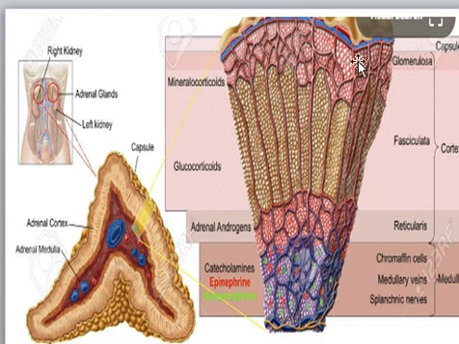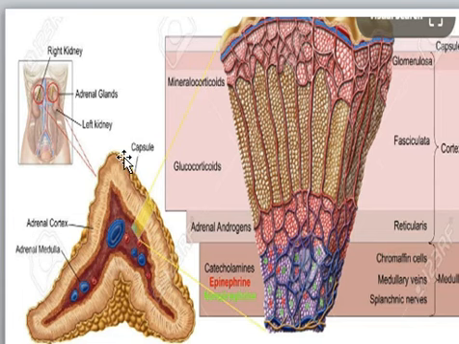The cortex also has different layers with different functions. We have the zona glomerulosa, which secretes mineralocorticoids, the fasciculata, which secretes glucocorticoids, and the reticularis, which secretes adrenal androgens, while the medulla, in the center, secretes epinephrine and norepinephrine, or adrenaline and noradrenaline.